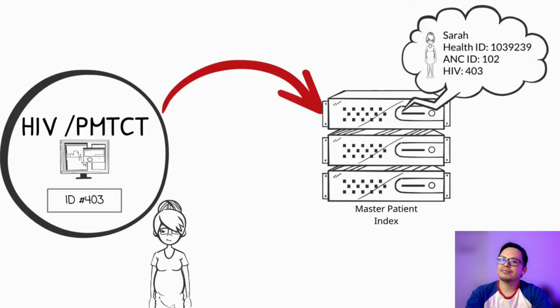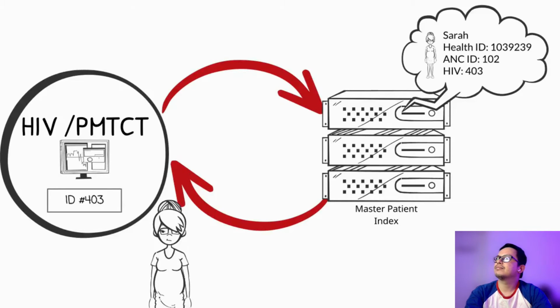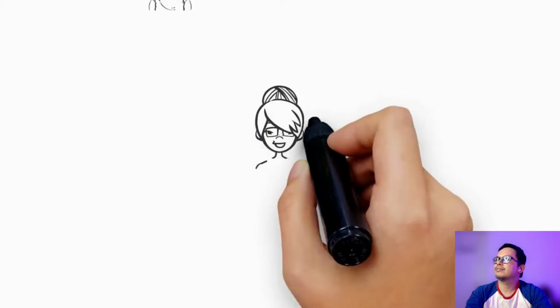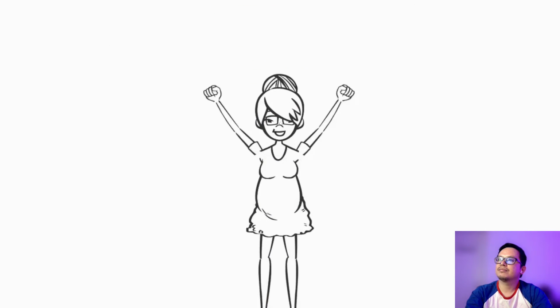Here, it would cross-reference Sarah to an existing master patient index record. The MPI would then simply associate the new local ID for HIV care with the master record and share the status of Sarah's MPI record back to that local program vertical software. Now we have an MPI with one record for Sarah.